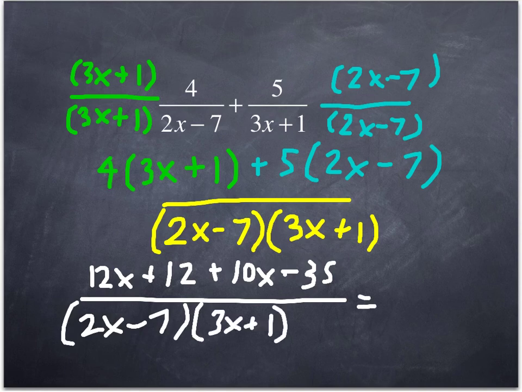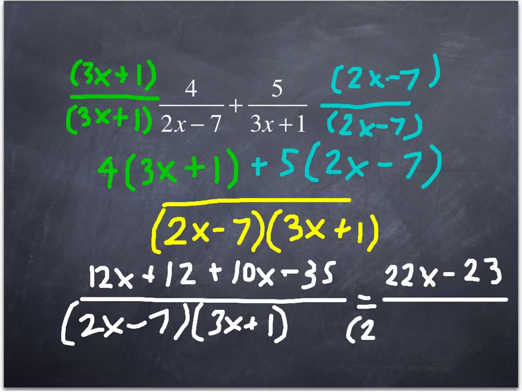And I can simplify this a little bit. That's what I want to do ultimately here. I can put my x's together to give me 22x. And 12 minus 35, it looks like that's going to be minus 23. And all of that over my factored form of my denominator, 2x minus 7 times 3x plus 1.